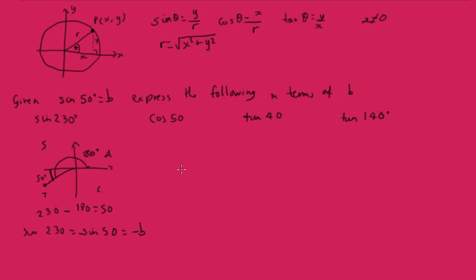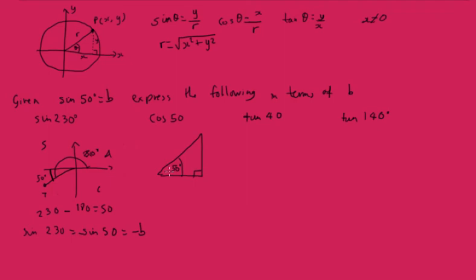Now for the next one, let's think about this, cosine of 50. So we're going to draw a right angled triangle. And if this is 50, well, let's think about the sine. The sine of the angle is the y coordinate over r.